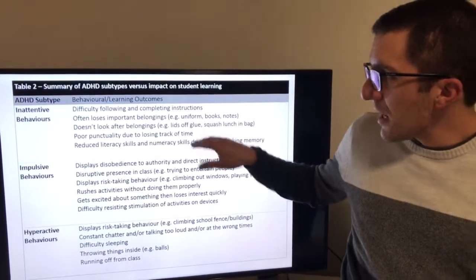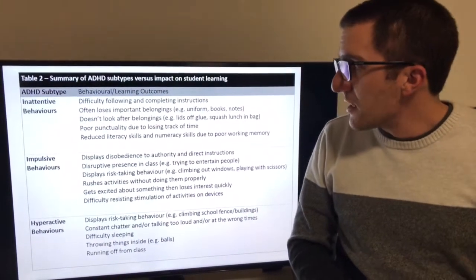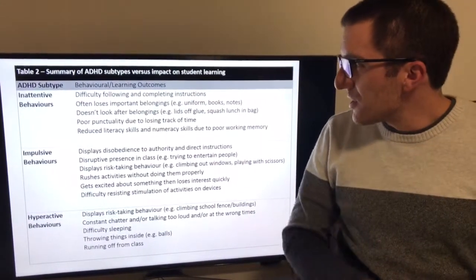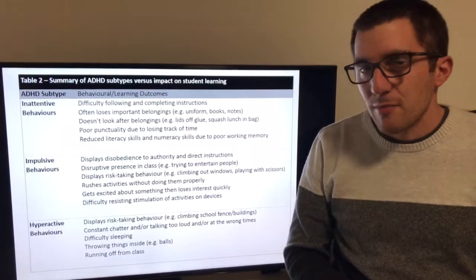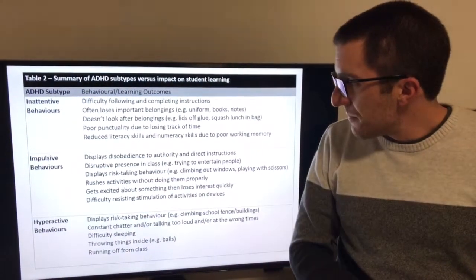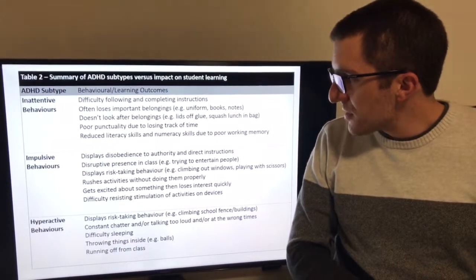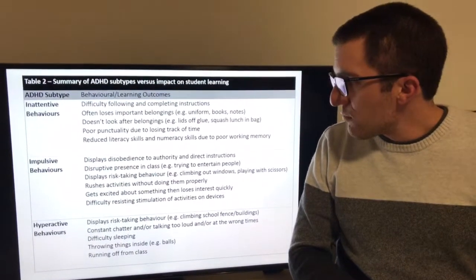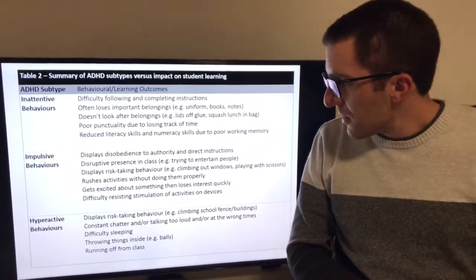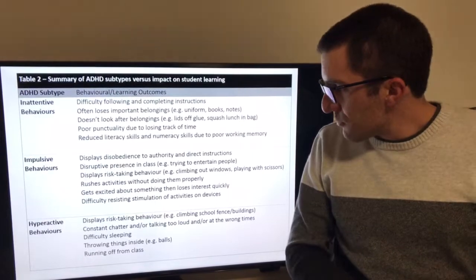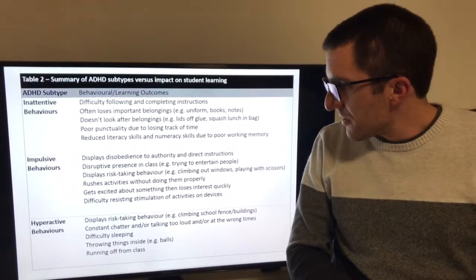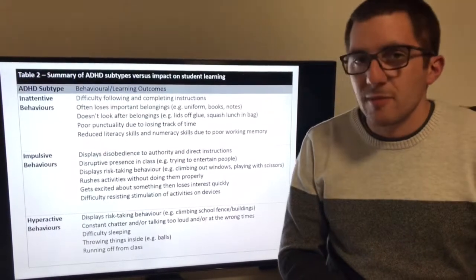You can see some of the behaviours or learning outcomes associated with inattentive behaviours are difficulty following and completing instructions, often losing things, not looking after their belongings, poor punctuality. Impulsivity displays disobedience, disruptive presence, risk-taking behaviour, rushes activities, gets excited about something, then loses interest quickly. Hyperactivity, again displaying risk-taking behaviours, constant chatter and or talking, difficulty sleeping, throwing things inside and running off from class.